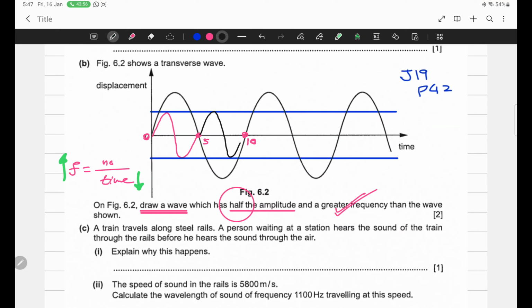Again, it is completing within 5 seconds. I am drawing one more, and one more. All these waves which I have drawn, I am converting their color to green. All these waves have half amplitude and greater frequency.